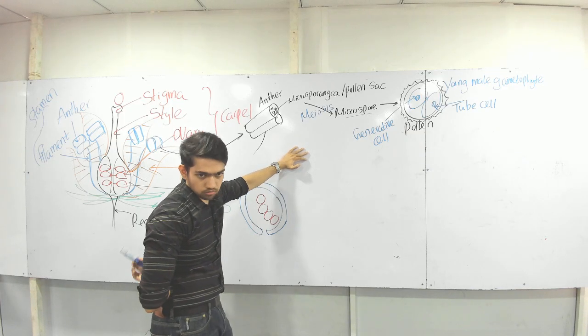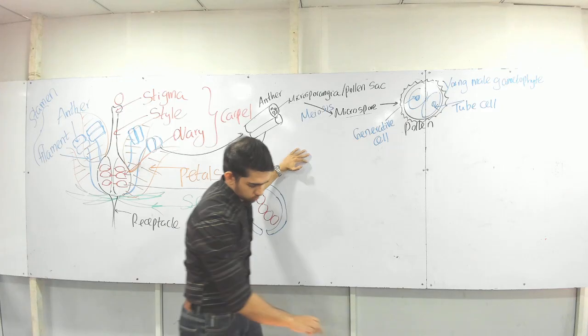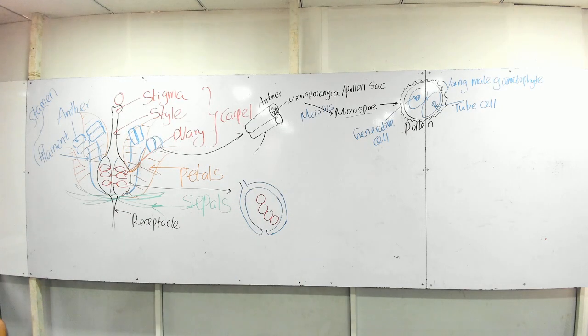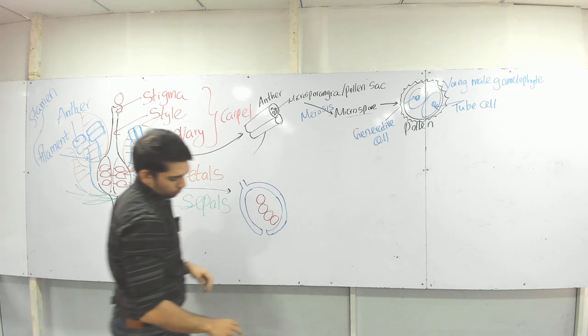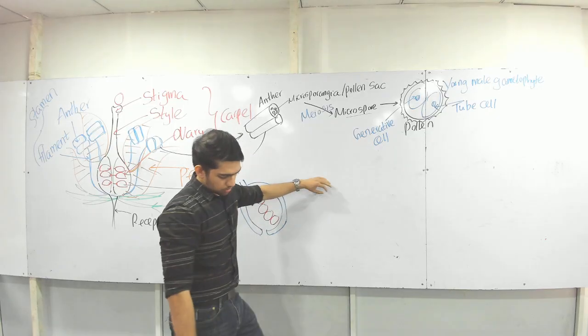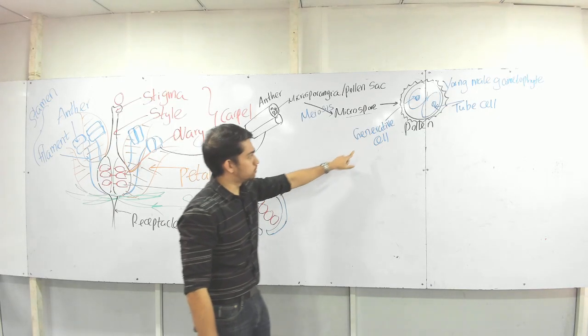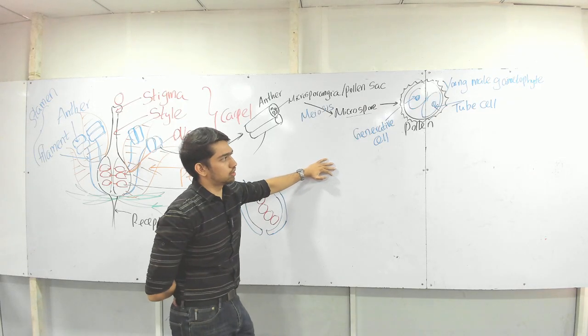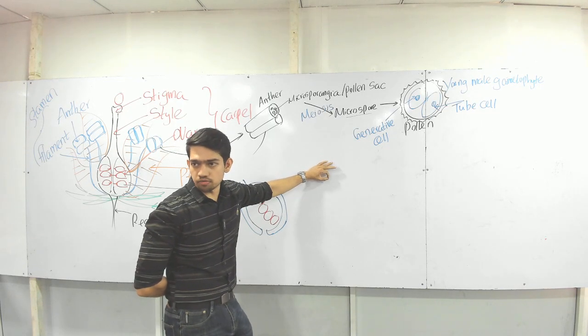Within the anther, very important. A male gametophyte contains two cells, tube cell and generative cell. Highlight. These two cells have two separate roles that will come.